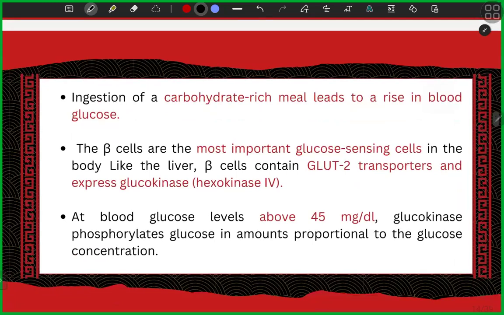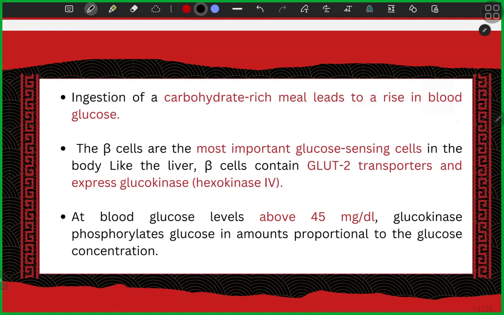Ingestion of a carbohydrate meal leads to a rise in blood glucose. Basically, consuming nutrients leads to an increase in blood glucose, and the beta cells are the most important glucose sensing cells. This is basically like a summary again. They have the GLUT2 transporters, and then you have the glucose converting to G6P through the help of glucokinase.